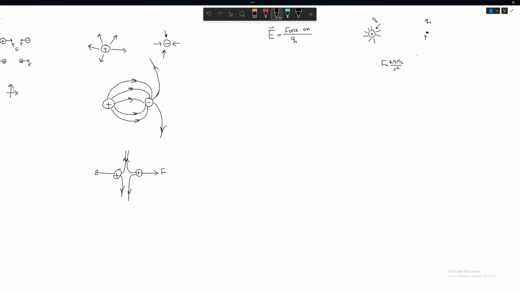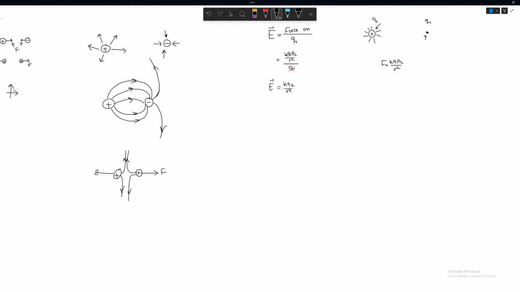All right. Now, when I put this equation on top of this equation to get the electric field at this point, what will happen is I will get k q1 q2 over r squared all over q1. And you see these two will cancel out, giving us k q2 over r squared equals my electric field.